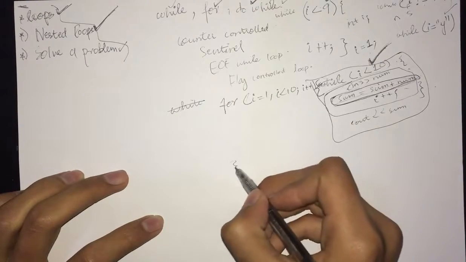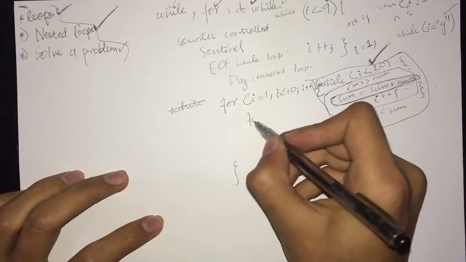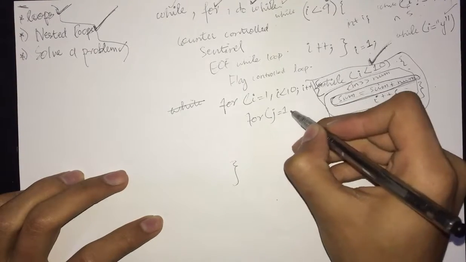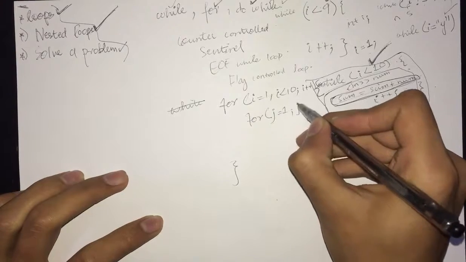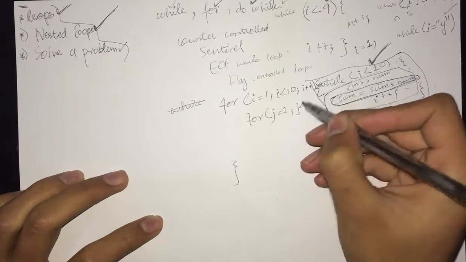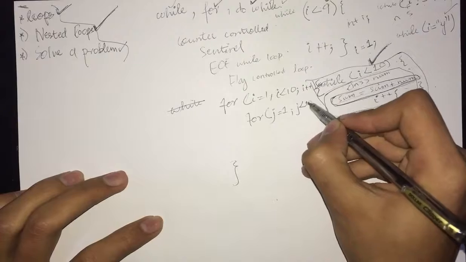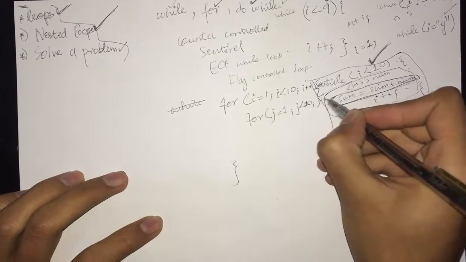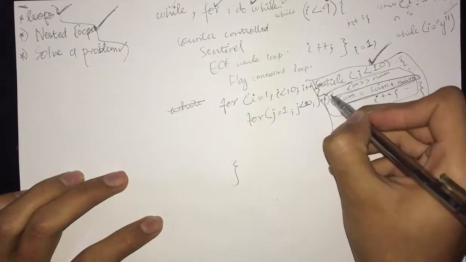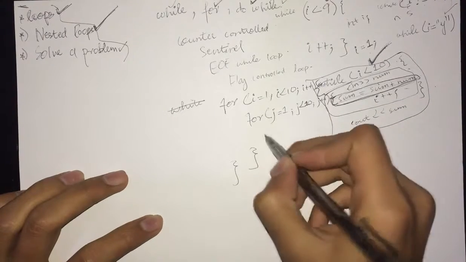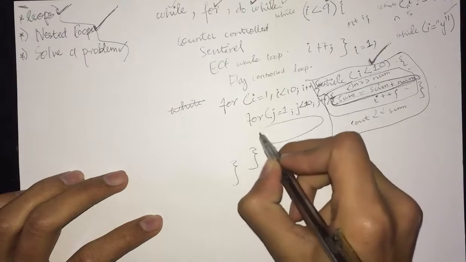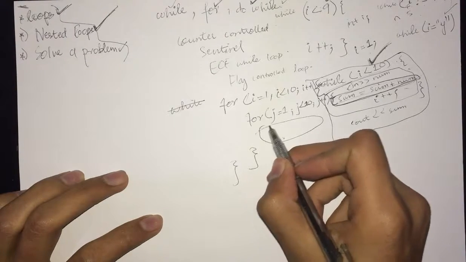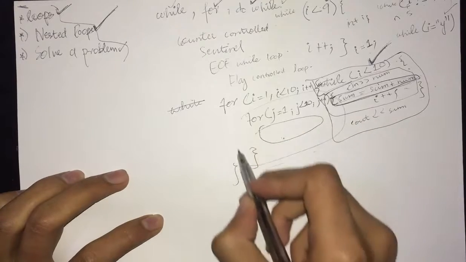So this is the loop, and then we have another loop inside of it. For example, we use another counter. We have j equals 1, j is less than I, or you can say j is less than 10, you increment j by 1. So here there's another loop inside, and then you specify the statements here. So not only these statements are repetitive, but this whole loop is repetitive.